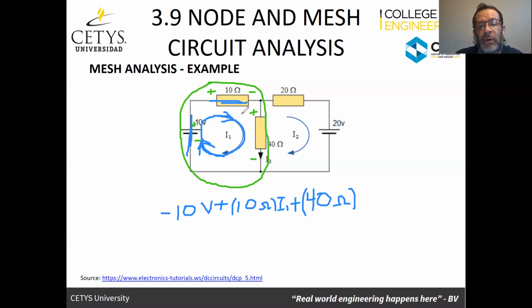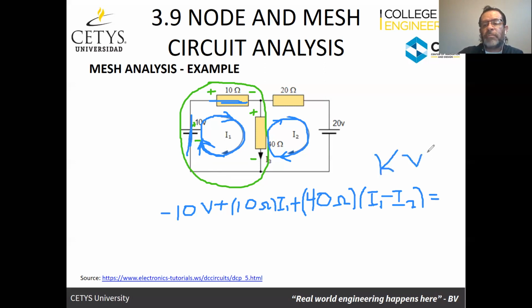So I1 is going in through the positive, and I2 is going in through the negative. And those are all of the elements that are in the first mesh. Since I already went through all of the elements, according to Kirchhoff's voltage law, which is the one I'm using, the sum of the voltages has to be equal to 0.